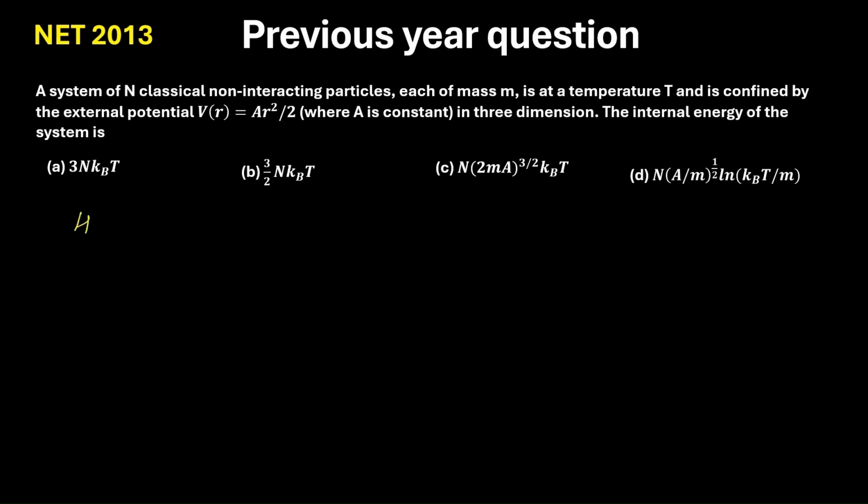So the Hamiltonian we can write is p squared by 2m plus V of x. I'm writing for 1 dimension here. Here p is nothing but px, so p squared by 2m plus half a x squared.